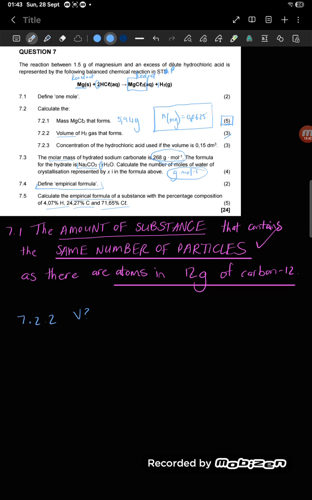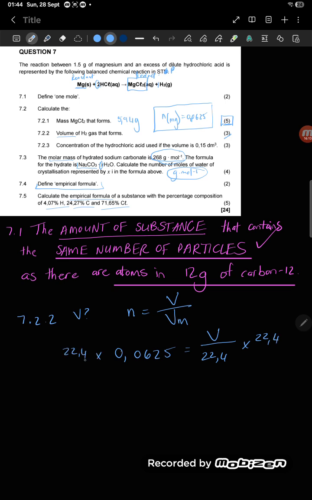So I want my volume. I'm going to shop for a formula that's going to work. Molar volume, that's a constant, 22.4, and I'm going to say 0.0625 is equal to the volume, which we're going to work out, divided by 22.4. So I'm going to times both sides by 22.4.